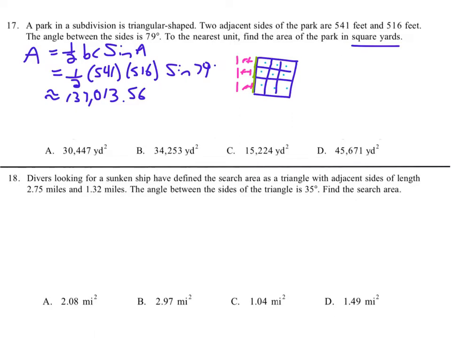If I divide it by 9, I'll find how many groups of 9 square feet, each being a square yard, would be in there. So divided by 9 equals 15,223.7 approximately, or 15,224 yards squared. There you go.